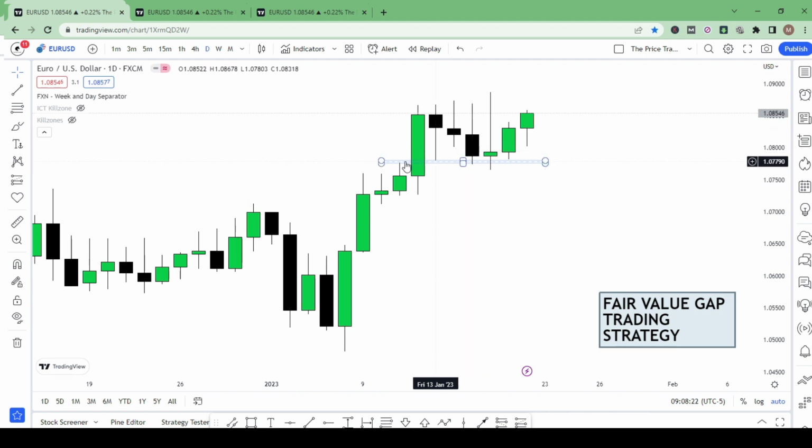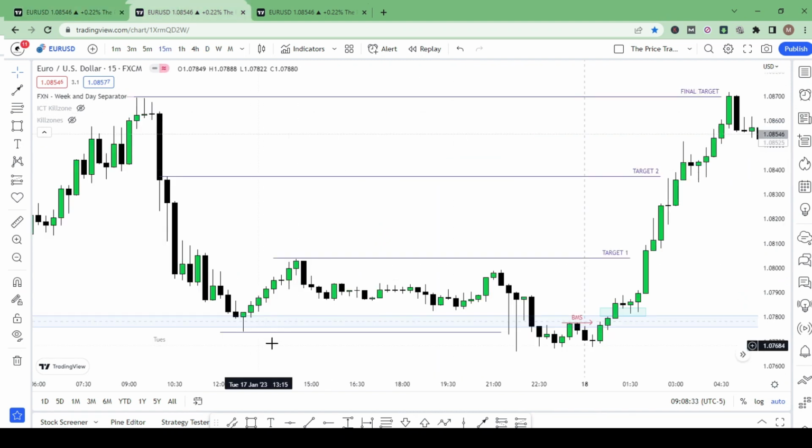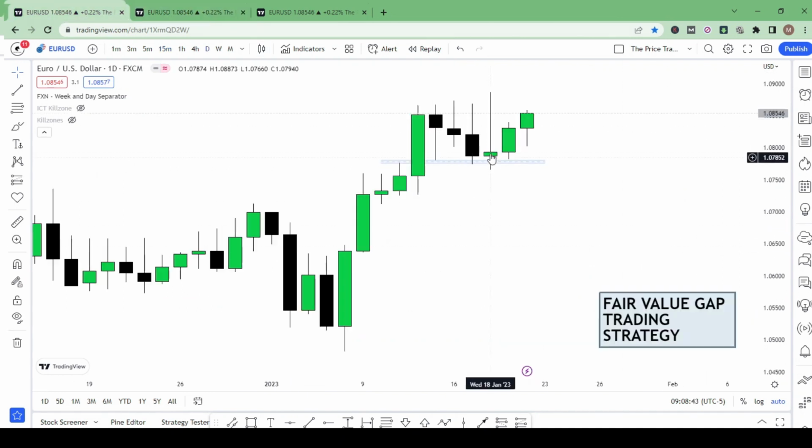We had left this imbalance back on Friday, then it came on Tuesday and dropped into that imbalance. Tuesday it dropped at around 12:45 p.m. New York time, and the entry trade was given the next day, which is Wednesday. So the very next day, this Wednesday, we are given this entry.